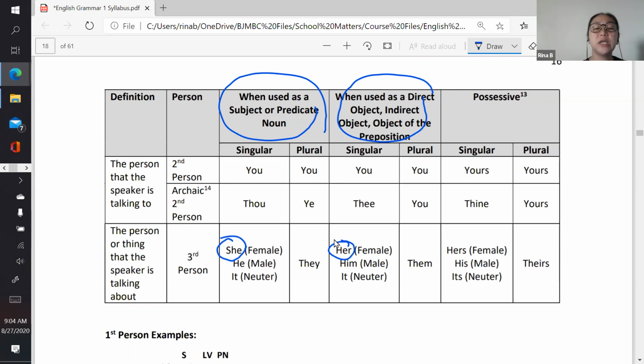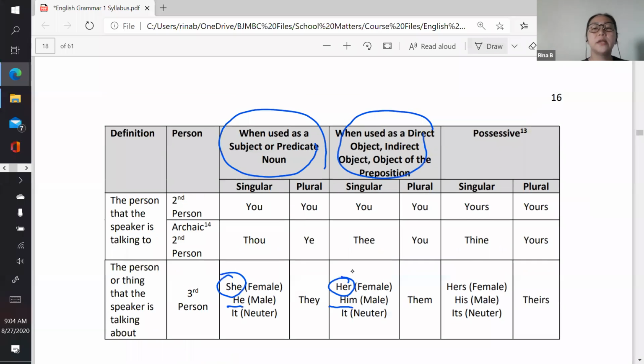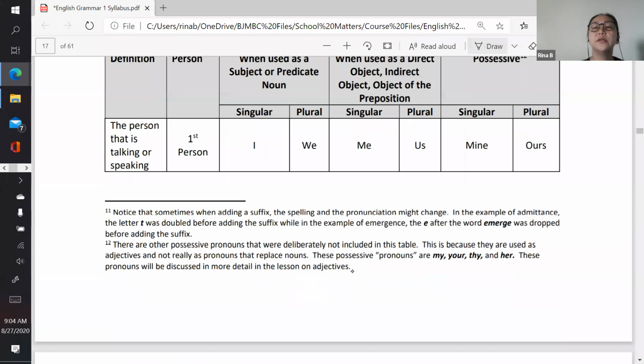Will you use he or will you use him? Or in the first person, will you use I or me? Or of course, the plural side also has those distinctions. Will you be using we versus us?